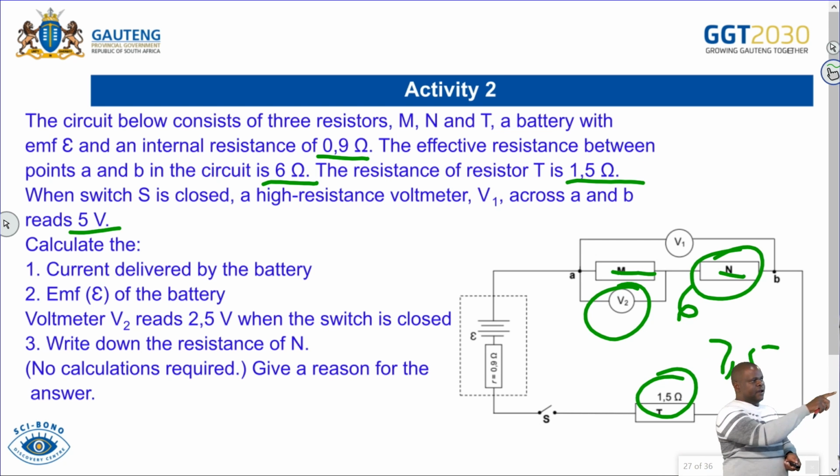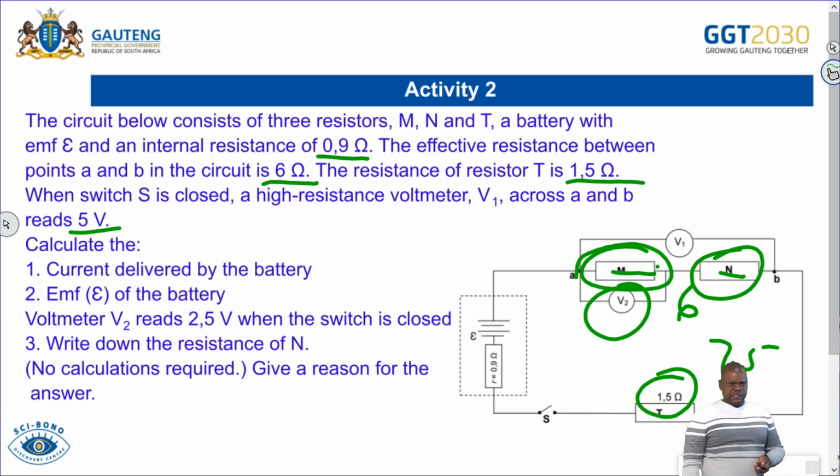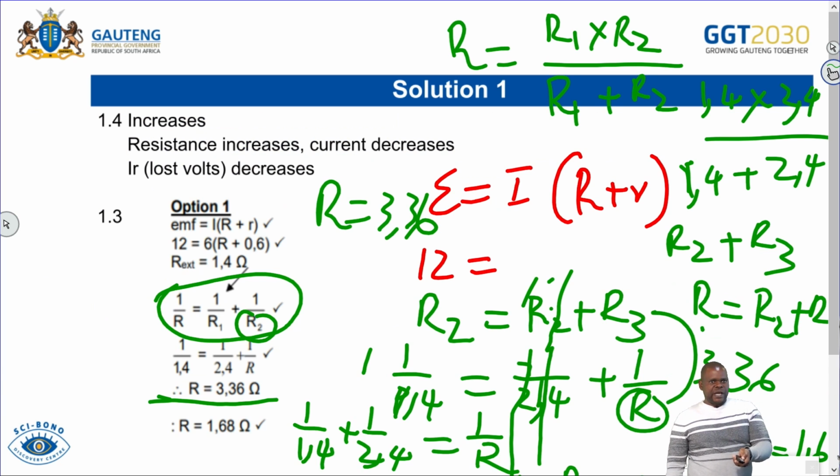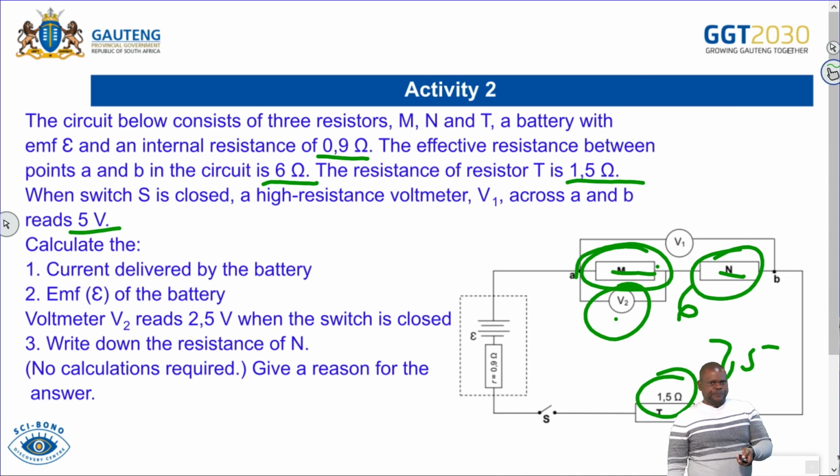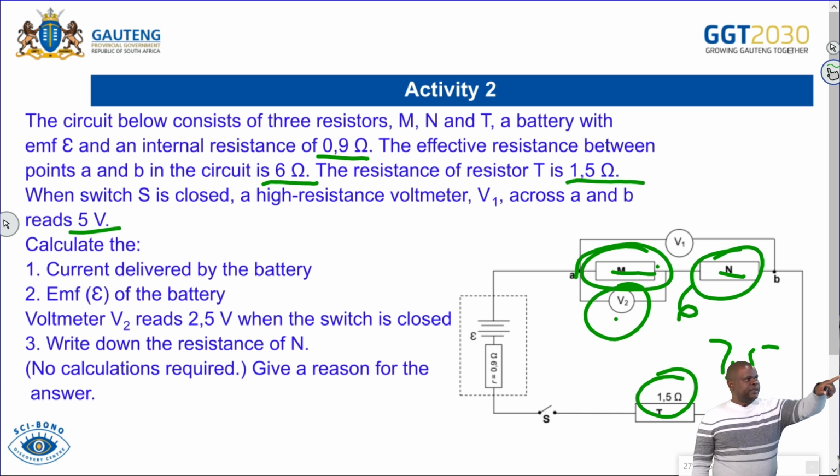We say here, VM, this resistor. There is this resistor here, can you see? This one is 2.5, and we need to calculate this in order to get this one. How do we get it? Because this one, we know the total is 6, isn't it?